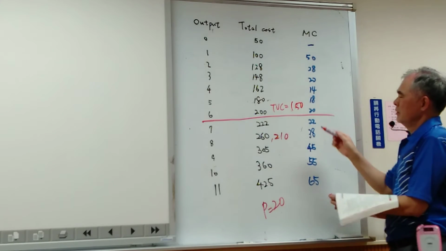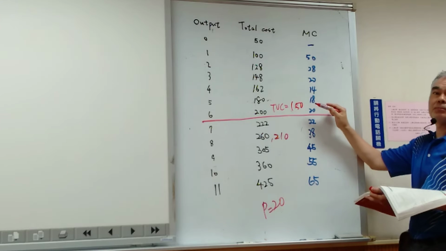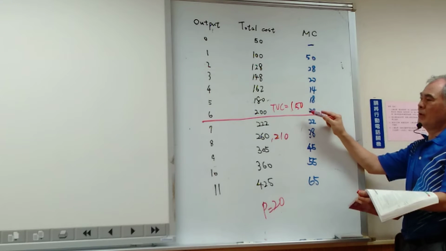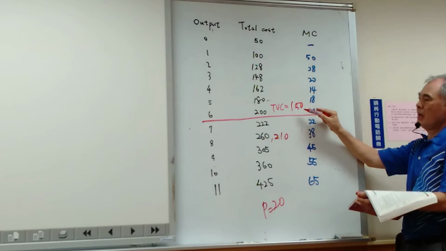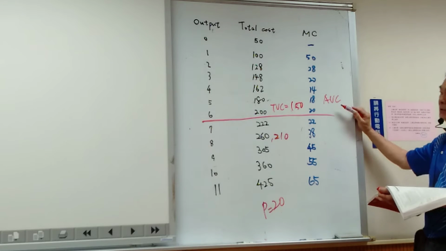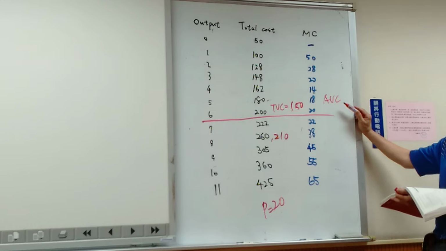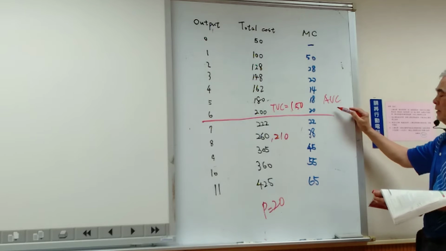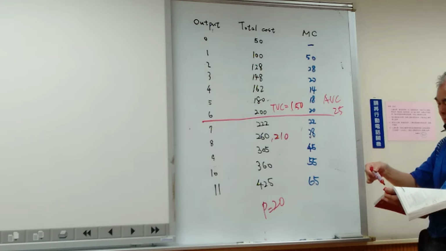So in this case, how much will be the average variable cost, AVC? How much is the AVC? 25. Okay.